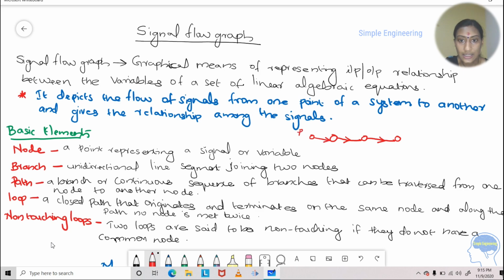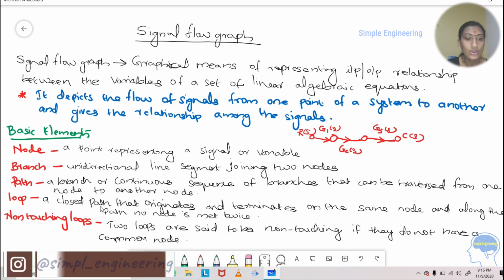I am representing it as, here it is R of S and here it is C of S. So this is my input node and this is my output node, and we have a path from this end to this end. If I am representing the gains, this is G1 of S, this is my G2 of S, this is my G3 of S. So this represents a path, that is a branch or continuous sequence of branches, and it can be traversed from one node to another node.